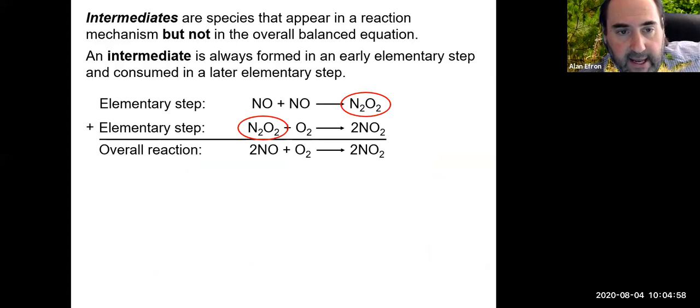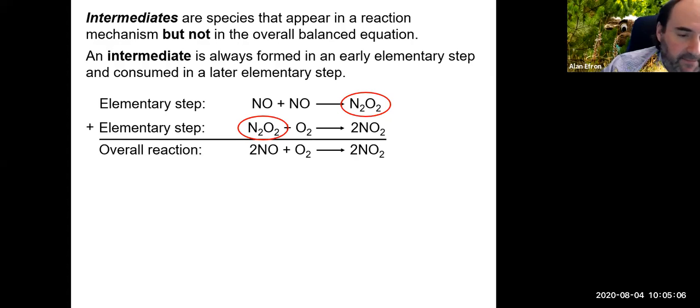And an intermediate should not be confused with something else that may appear to be an intermediate. What I mean by that is there could be times when you add up individual elementary steps along the way and something cancels but doesn't completely cancel out, so it reduces down. This is very similar to when we did redox, where you had waters on each side, and you cancel out everything that's on opposite sides of the arrow.